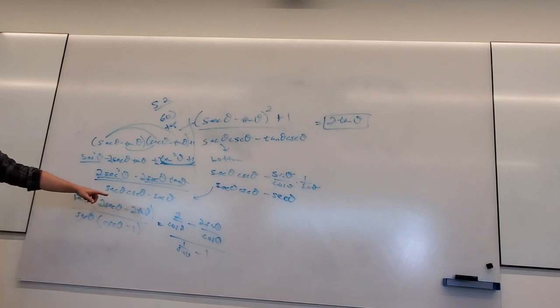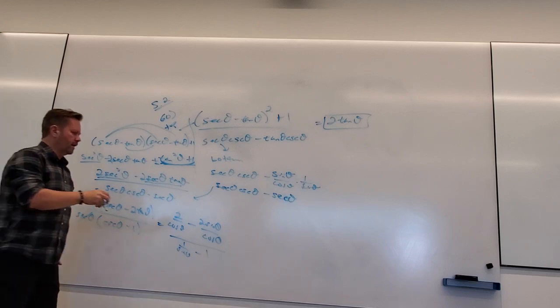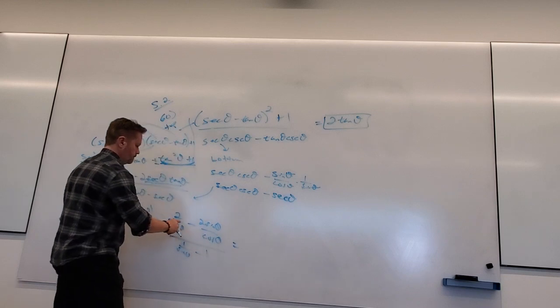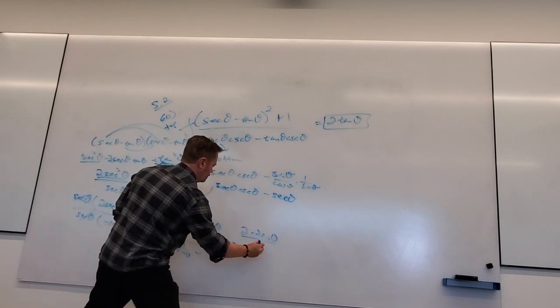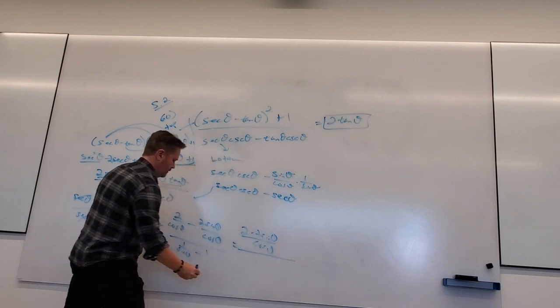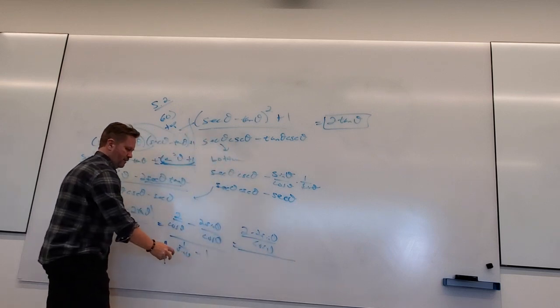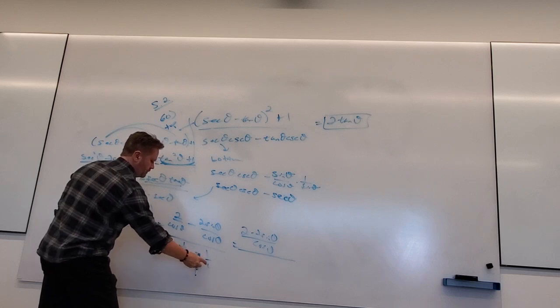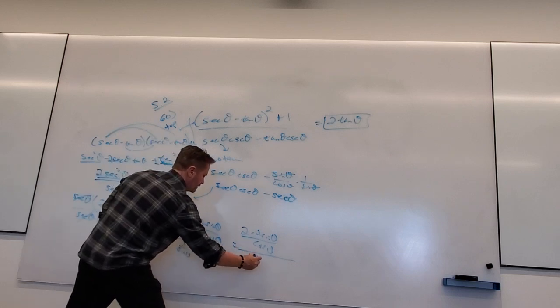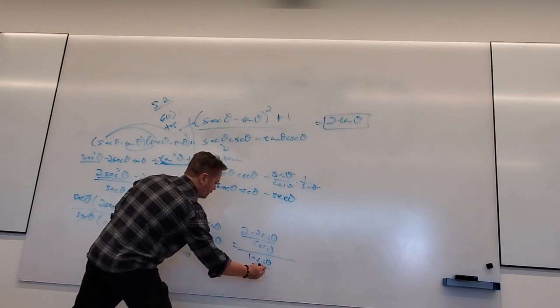Now, just to show you the next step here, can't I combine the top? It'd be 2 minus 2 sine theta over cosine, over 1 over sine theta. To make this LCD here, I multiply by sine on top and bottom. So then it would be 1 minus sine theta over sine theta.